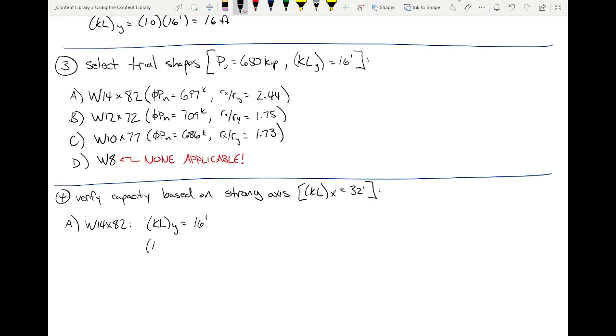What is KL effective? It's KLX over RX over RY, which is 32 feet over, now what is RX over RY for the shape? What is it, 2.44?